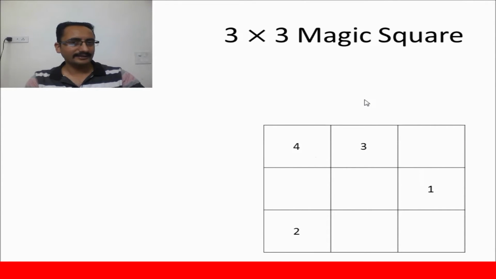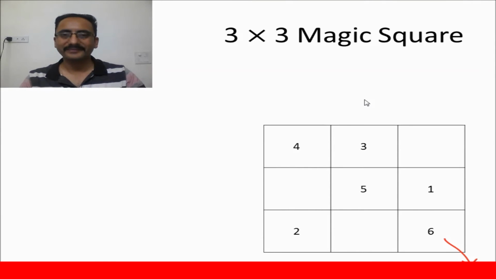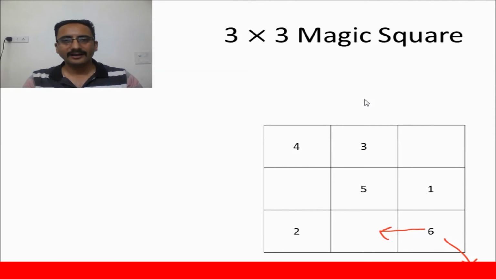Southeast rule again, 5 and then 6. Again southeast. Oh, again I am out of this magic square. I can neither go left hand side nor upward. What will I do? Yes, same. We'll write the next number on the immediate left hand side grid, and the next number is 7, and here is the place where I will write 7.